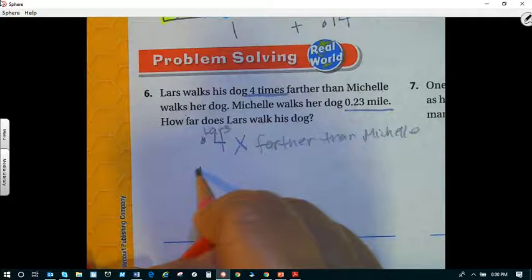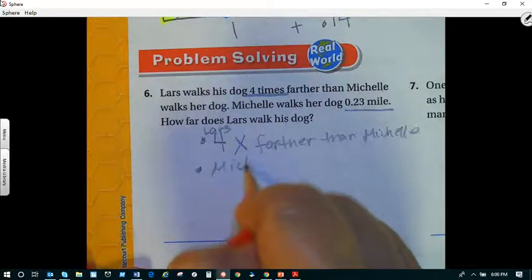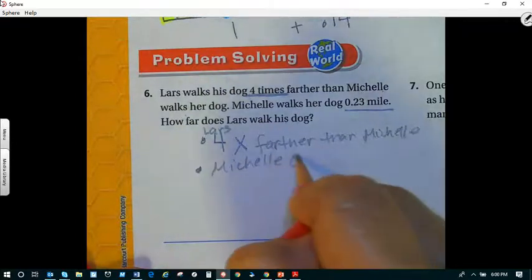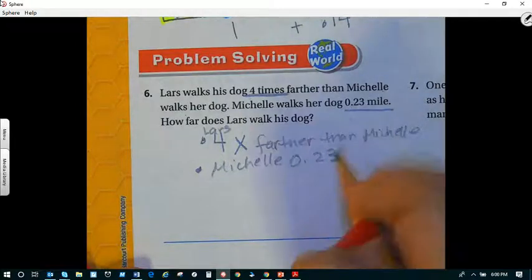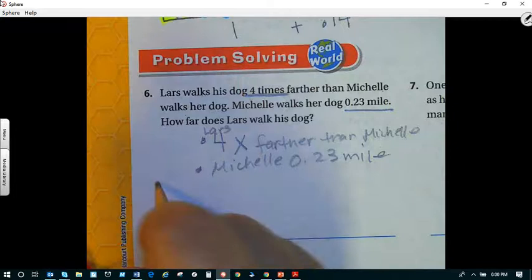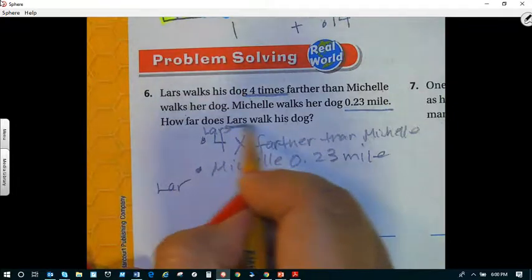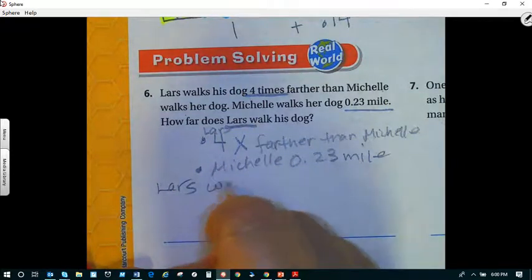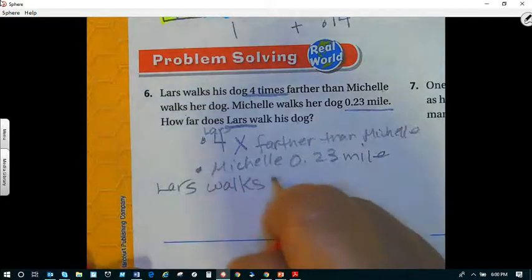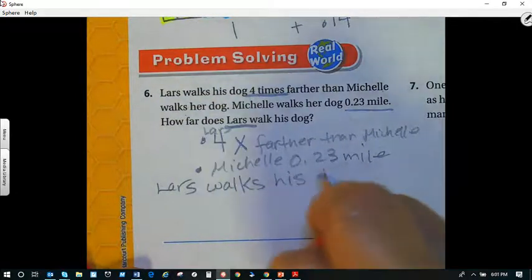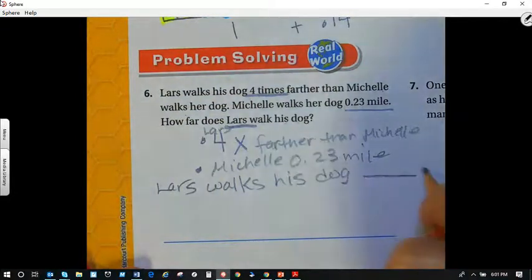Okay, and Michelle walks her dog 23 hundredths of a mile. And the question is, how far does Lars? So Lars, I'm going to take my subject, walks his dog blank miles. Period. Oops, sorry about that.